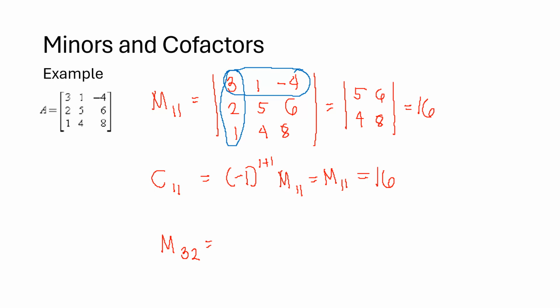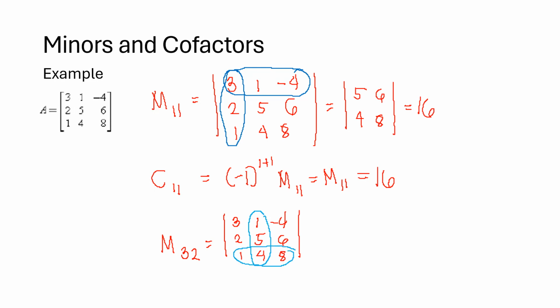So take note that our matrix, we have 3, 1, negative 4. Then you have 2, 5, 6. Then you have 1, 4, 8. Now, what we are going to do here is locate the A sub 3 2, which is the column and the row.